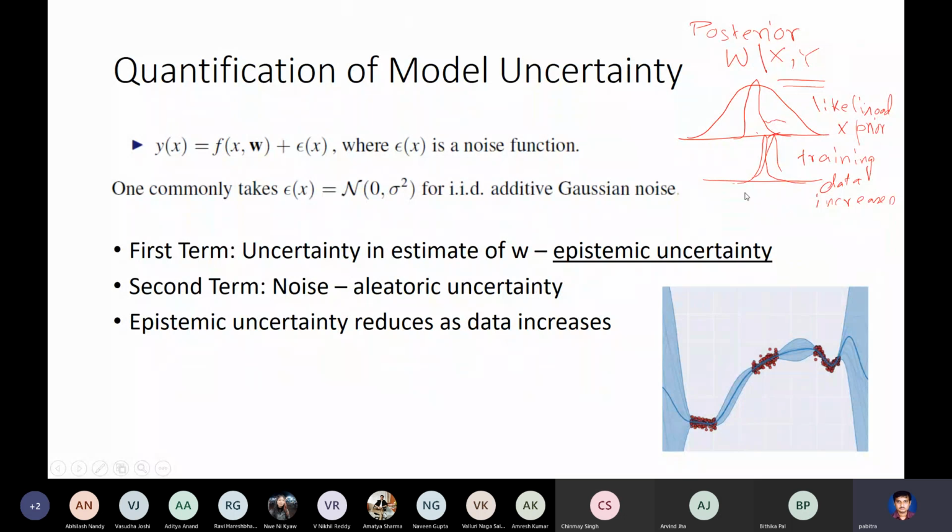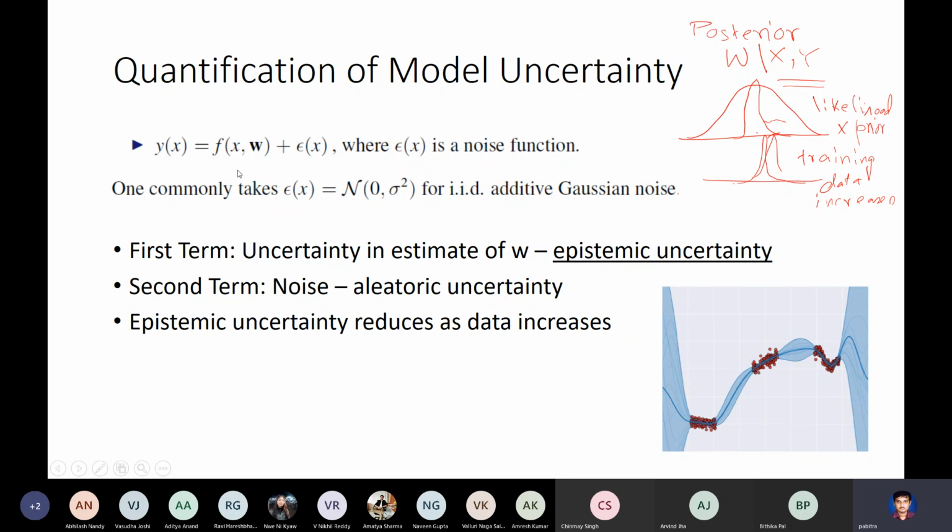But still there is an uncertainty. It's not a point estimate. It's not that W is this single value. It's most likely this single value, but it might be these other values also. So there's an uncertainty. Since W is uncertain, and y is a sum of two terms, f of x and epsilon x, the first term is also uncertain.